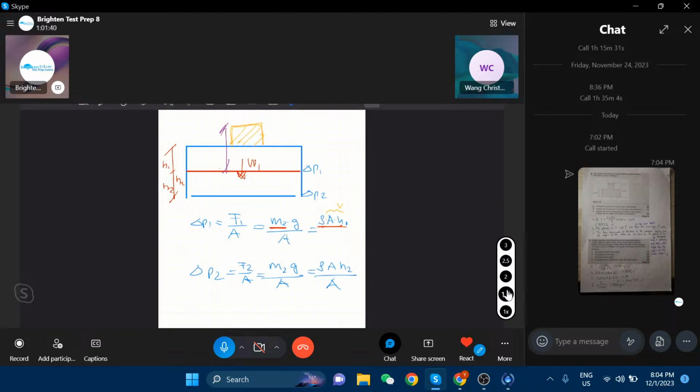This is my additional volume and hence my additional mass, which gives additional weight force regardless of whether I'm at that depth or at that depth. But it's not that additional height which is multiplied with everything else, because I only have that additional mass here.